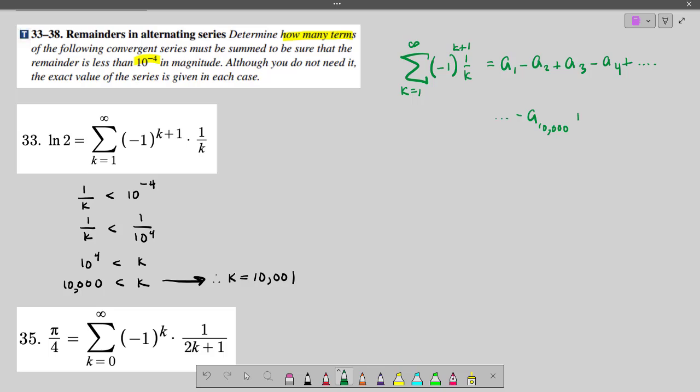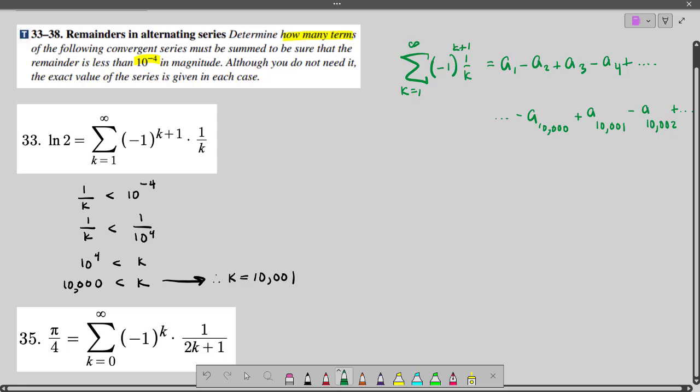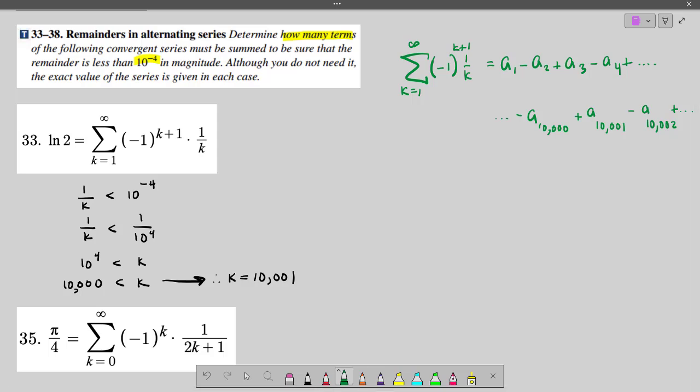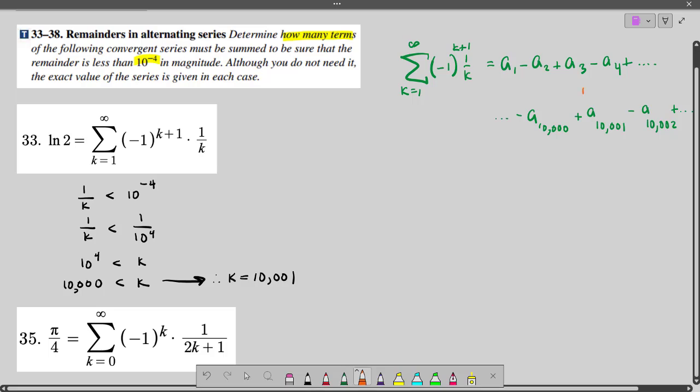So then we're going to have plus a sub 10,001, and then minus a sub 10,002, plus etc. Okay. So when k is 10,001, that puts us right here. This term is less than 10 to the negative 4.